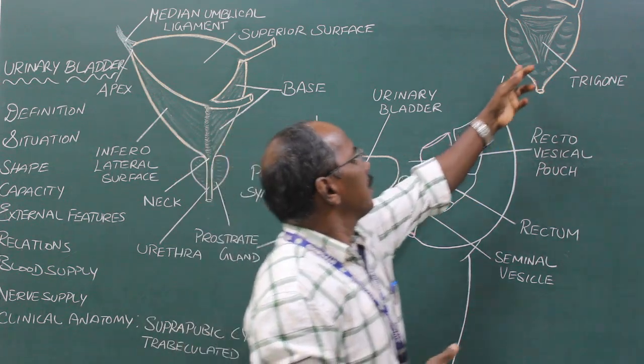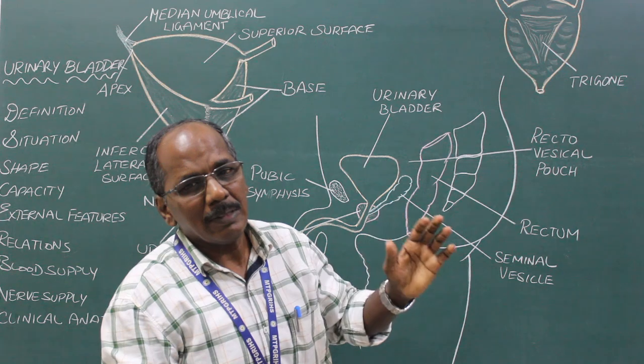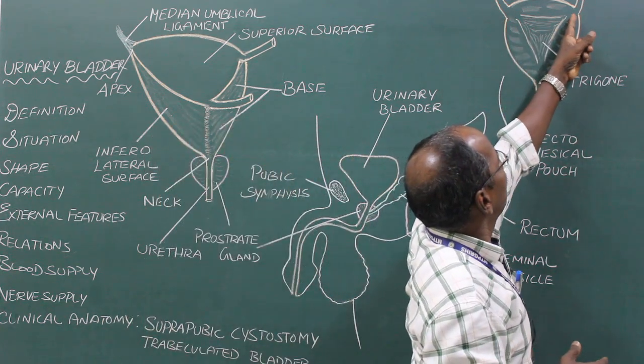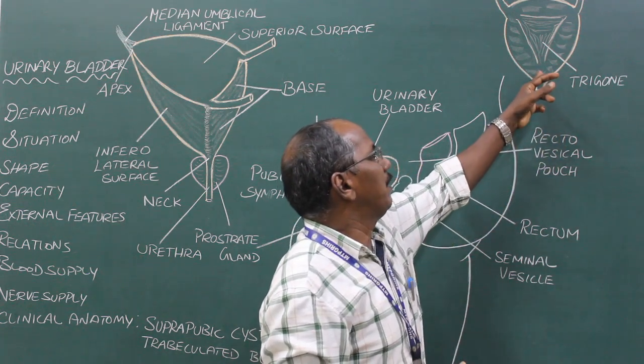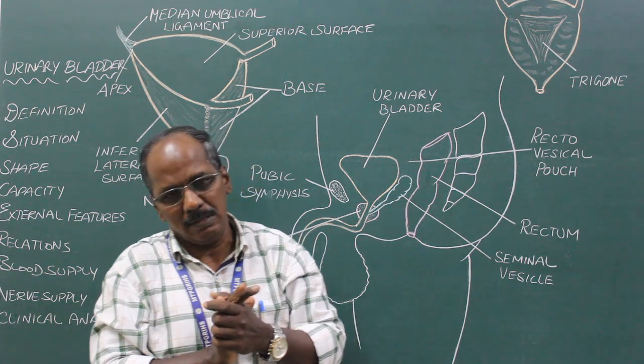It is known as the trigone of the urinary bladder, which is limited superiorly by the openings of the ureters and inferiorly by the opening of the urethra. So this triangular area is present between these three orifices.